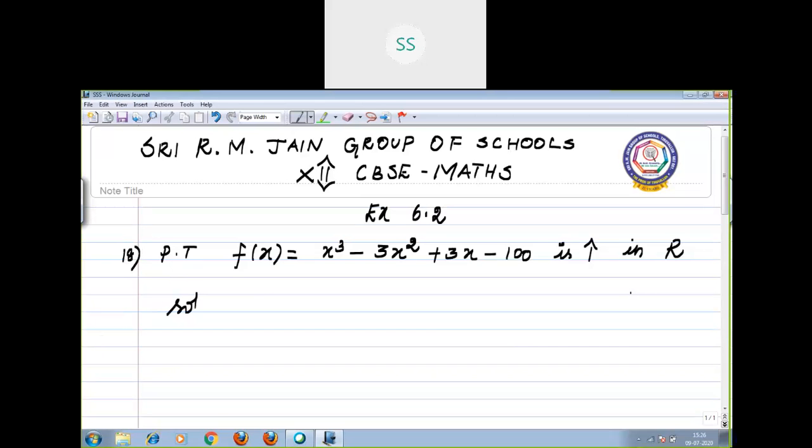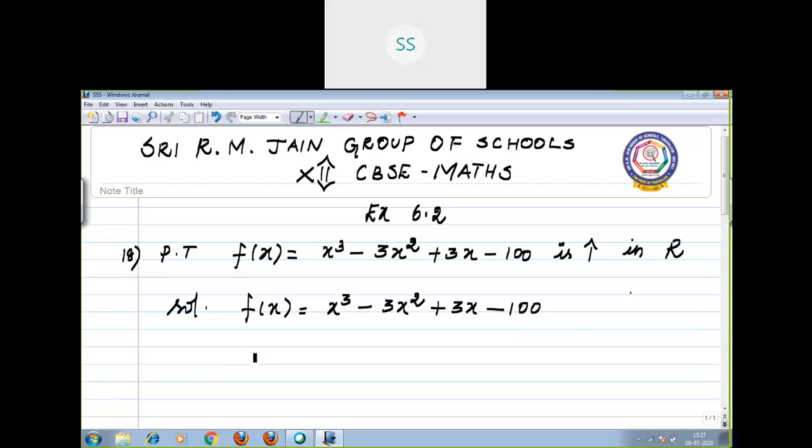Solution: f of x equal to x cube minus 3x square plus 3x minus 100. The domain is the real numbers, minus infinity to plus infinity.